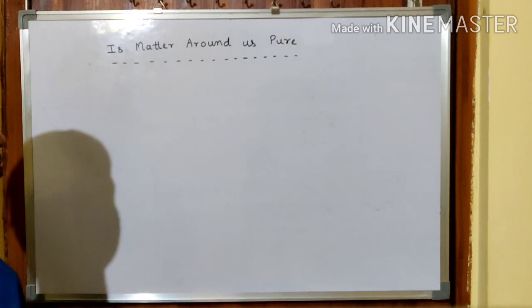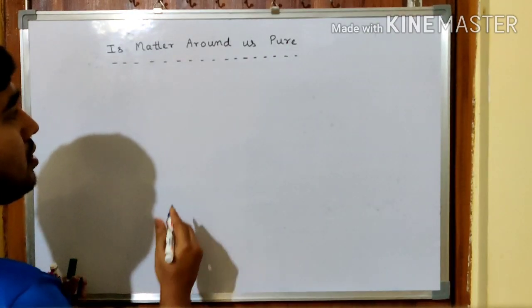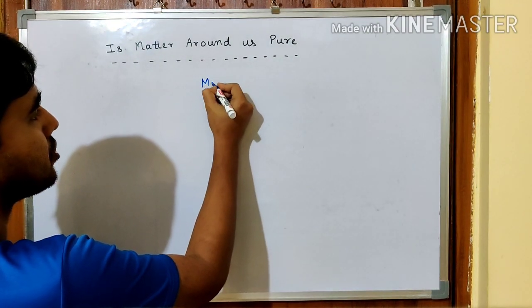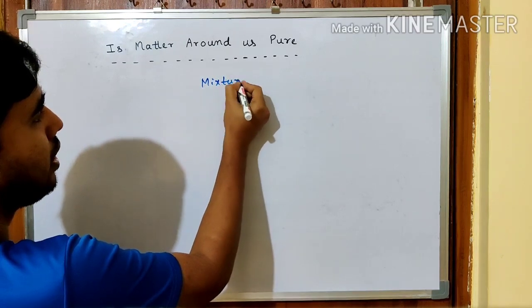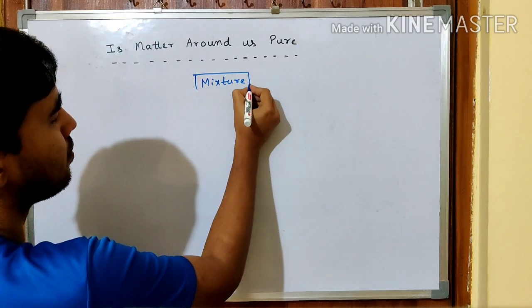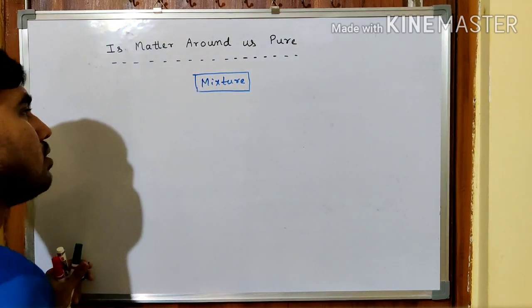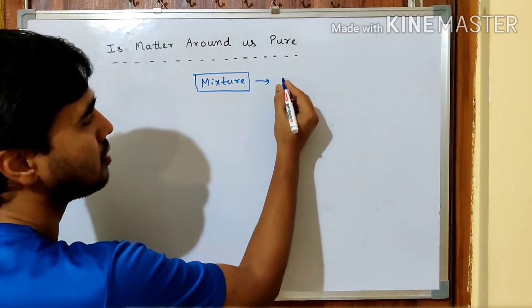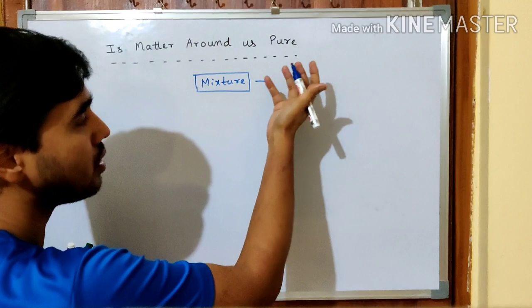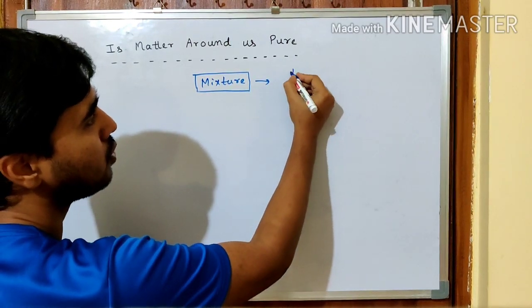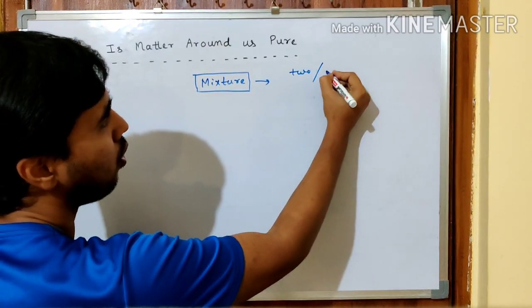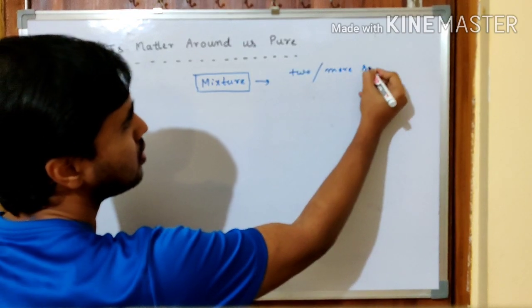Then, more important one regarding the syllabus, we are going to talk about mixture. A very well-known term in our day-to-day life. Mixture can be defined as a composition of two or more substances.